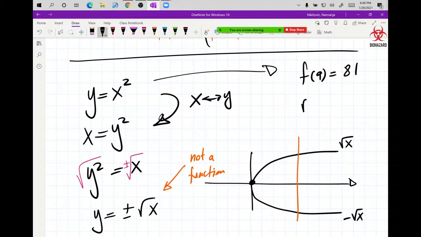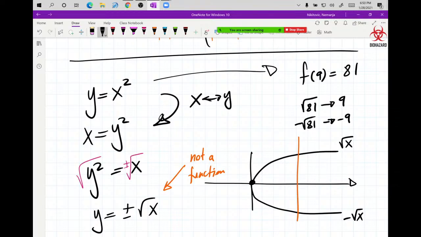Now, can I stick 81 in a root and get 9 back? Yeah, I can, using this. So there is an inverse, but it's not a function, because there is also negative 81, which is going to give me negative 9. I didn't ask for it, but it's there, and I can't ignore it.